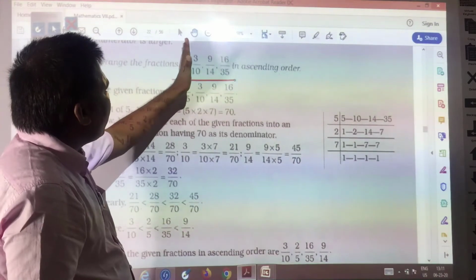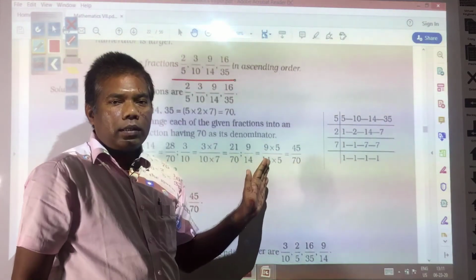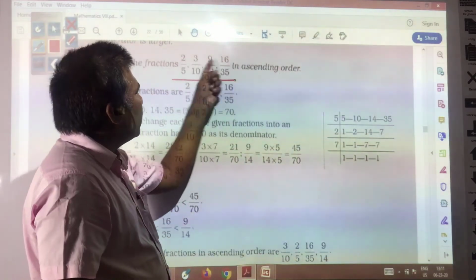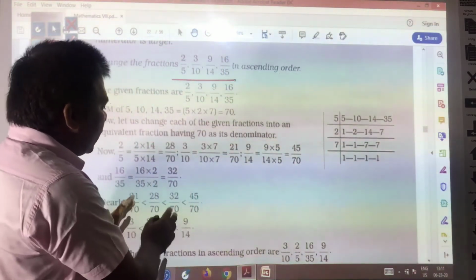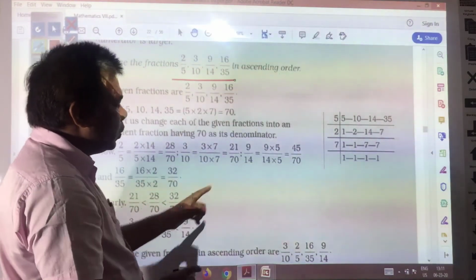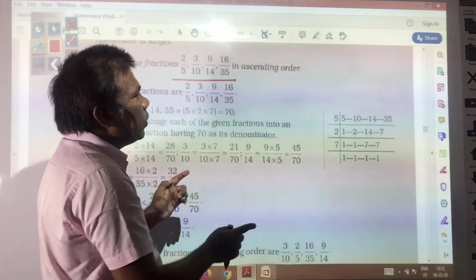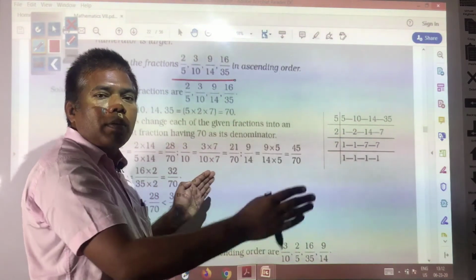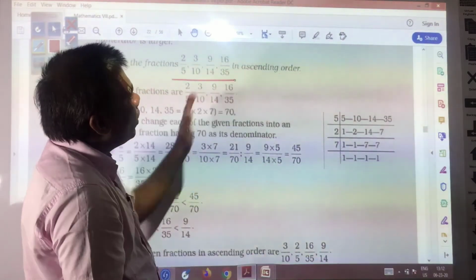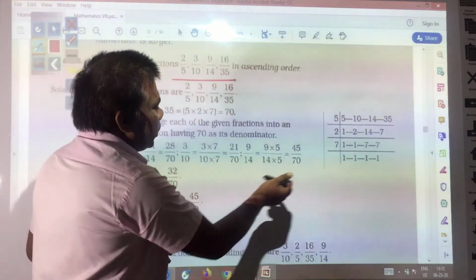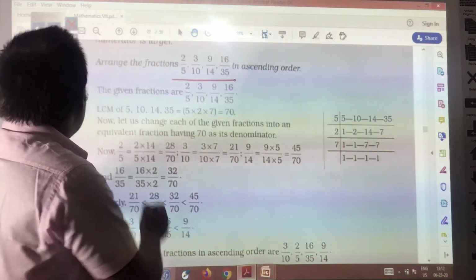Then these fractions are required to be converted into like fractions, so all must have an equal denominator, and after converting into like fractions, you compare them. If in ascending order, you write from smaller to biggest, and if in descending order, then from biggest to smallest, and the numbers can be arranged in that way.